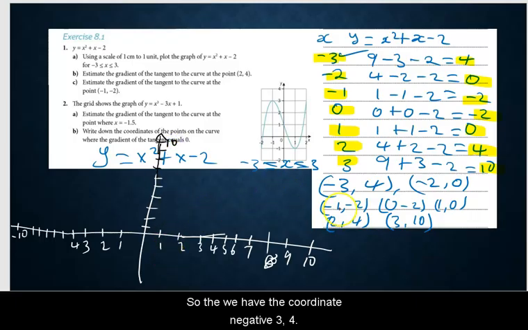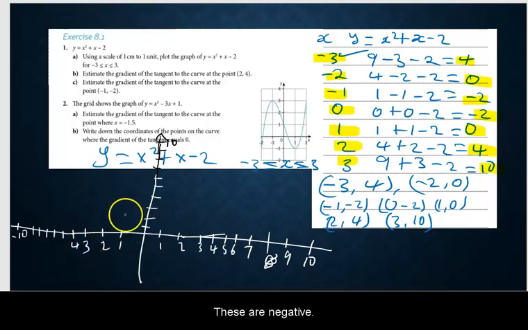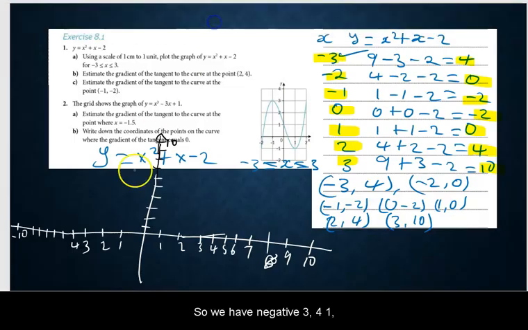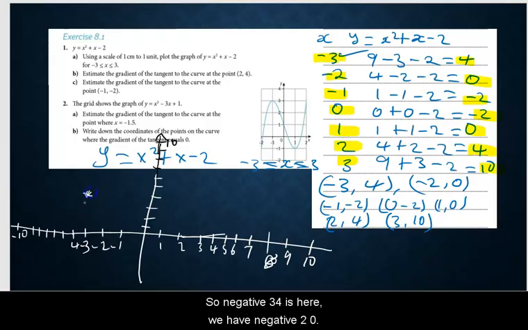So we have the coordinate negative 3, 4. These are negatives. So we have negative 3, 4, 1, 2, 3, 4. So negative 3, 4 is here. We have negative 2, 0. Negative 2, 0 is on the line.